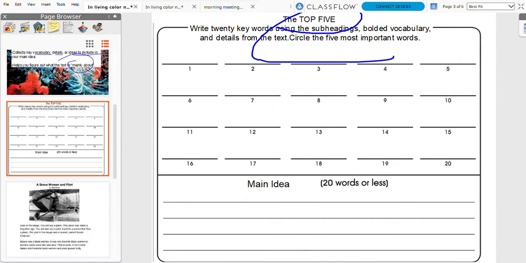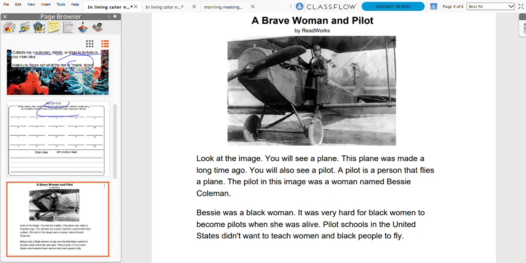Let's practice. So thinking of our strategies that we've been doing in our Up the Ladder unit, the first thing we want to look at is the text features and start to plan out how we're going to chunk this, how we're going to read this, and how we're going to analyze this. So we see here the title, one of our text features, is A Brave Woman and Pilot.